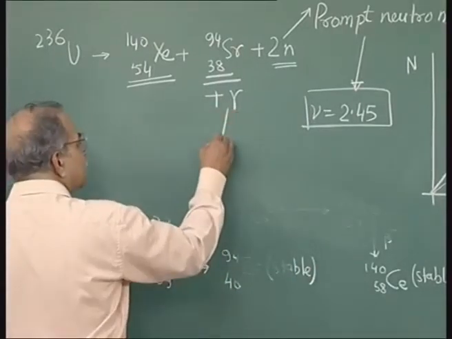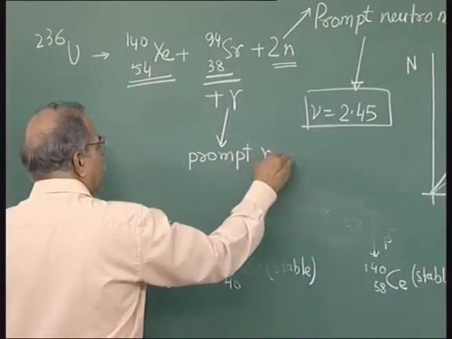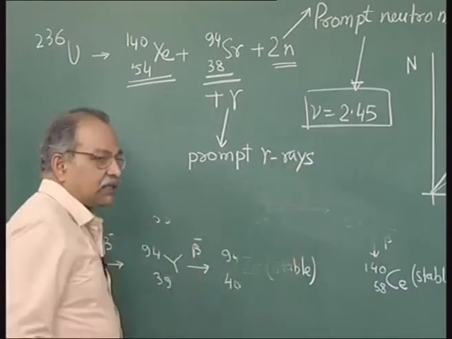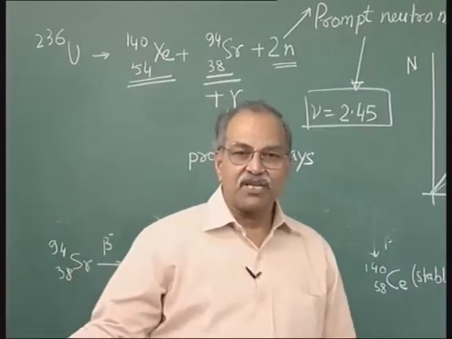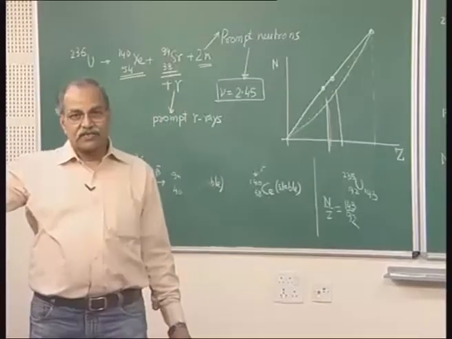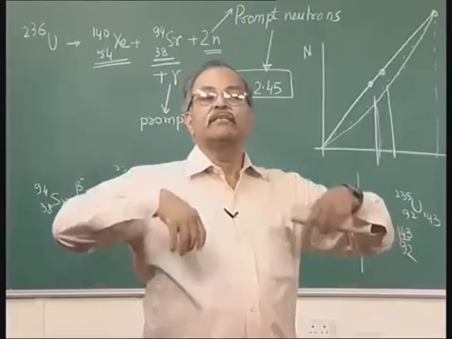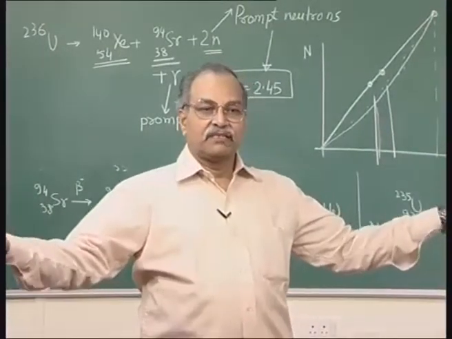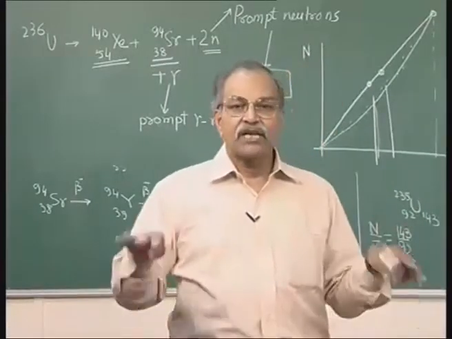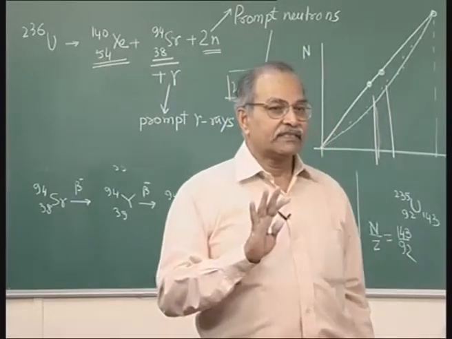These gammas are called prompt gamma rays, or gamma photons. Prompt means just immediately after the fission, at the time scale of 10 power minus 16 seconds. The fission fragments are neutron rich, so they give off a prompt neutron. The fragments are at high energy, so they give off some gamma photons to lower their energy. That is the prompt gamma energy.